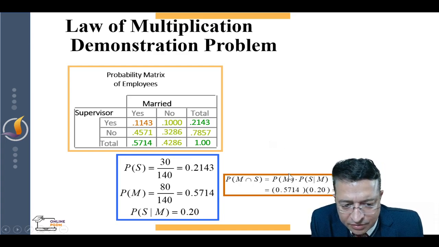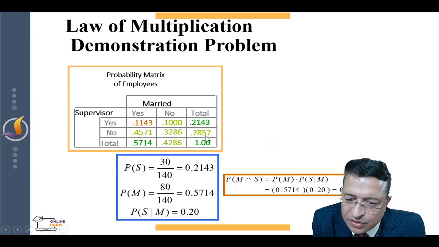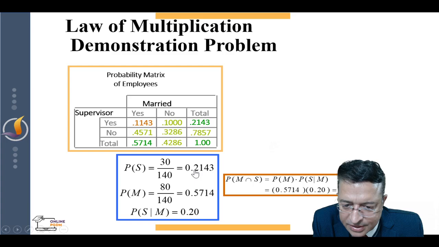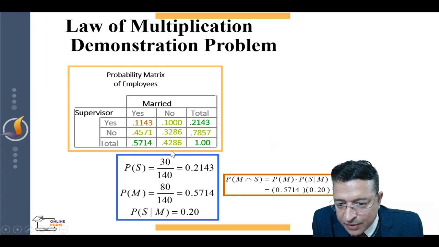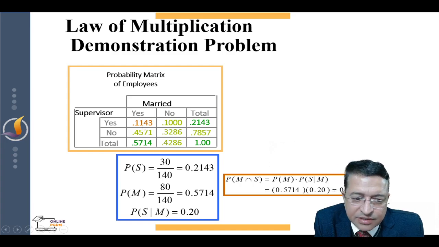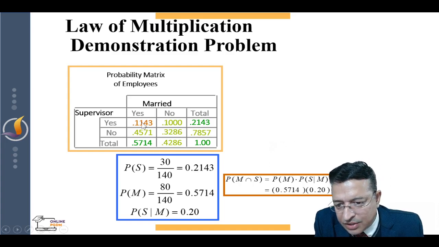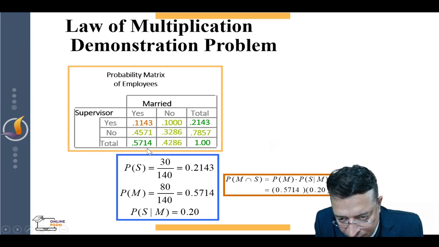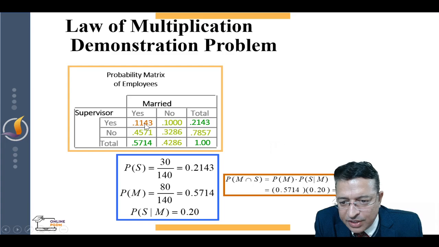Earlier this was the probability of married. If there is a probability of supervisor, you can simply go through like this. Now what will happen if you have to calculate the probability that a person is a supervisor provided he is married? We have to calculate the probability of supervisor out of married only. So we need the ratio of these two numbers.